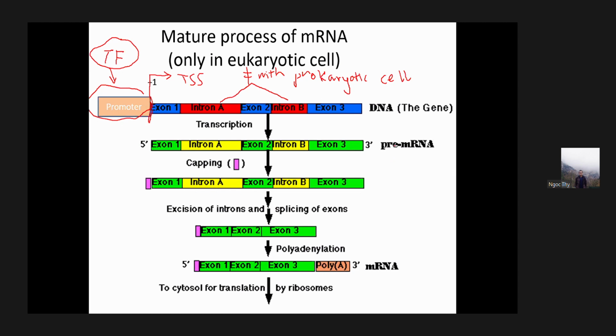As the premature mRNA is synthesized, it includes all the regions, but it has to go through a process called splicing to remove all the intron regions, and then the 5' cap and the poly A tail are put in here.